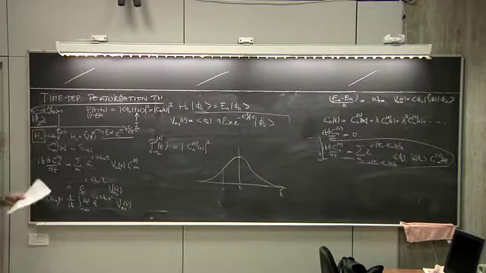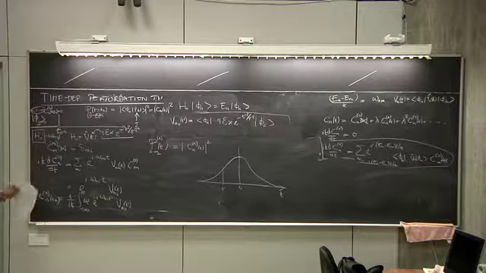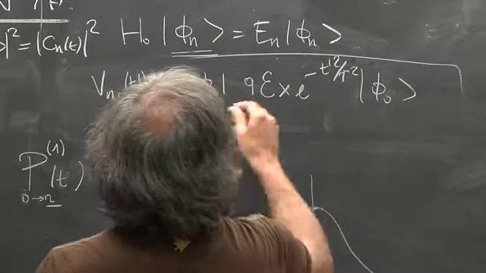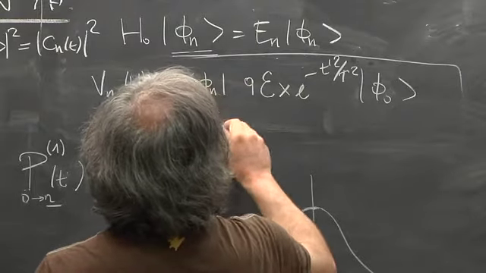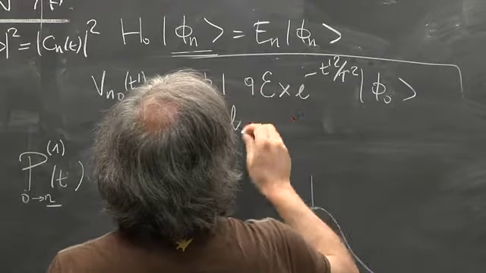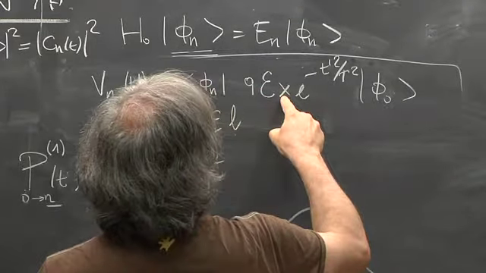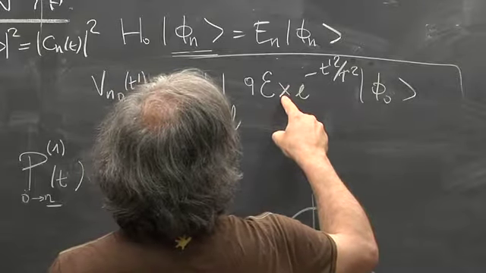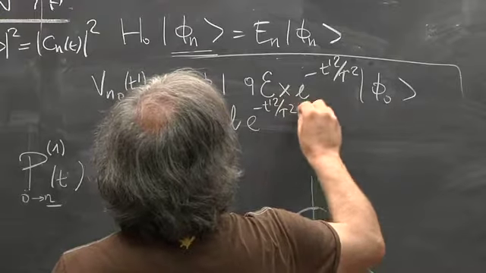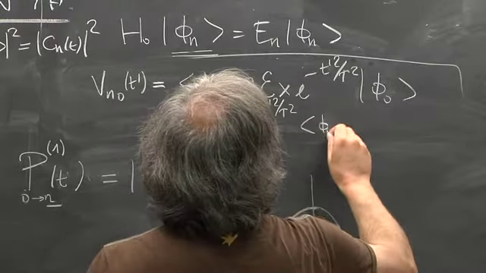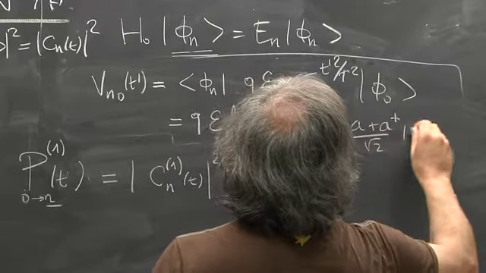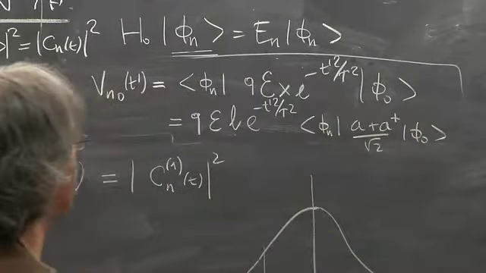So what is this result? It's very simple. This is q, the charge of the harmonic oscillator, epsilon, the electric field, and then this is L, and then I have essentially a plus a dagger. So the time dependence I can take out. Then I have phi n, a plus a dagger, over square root of 2. A very, very simple thing.